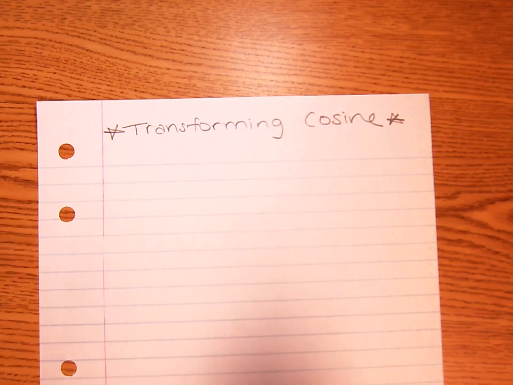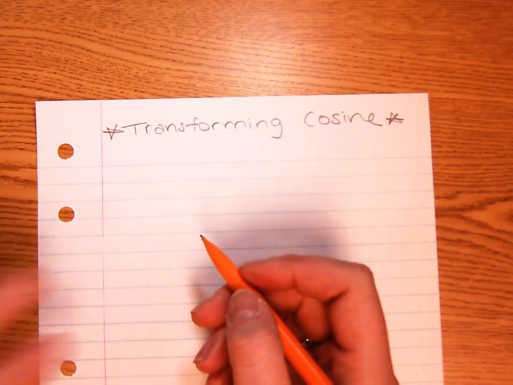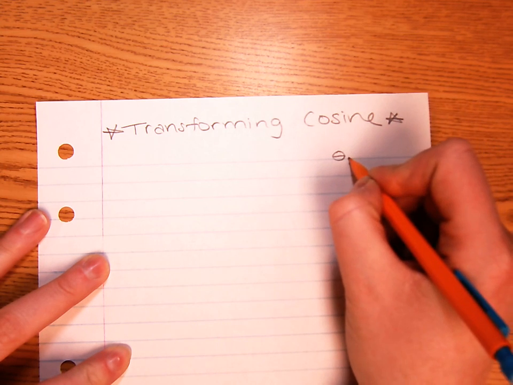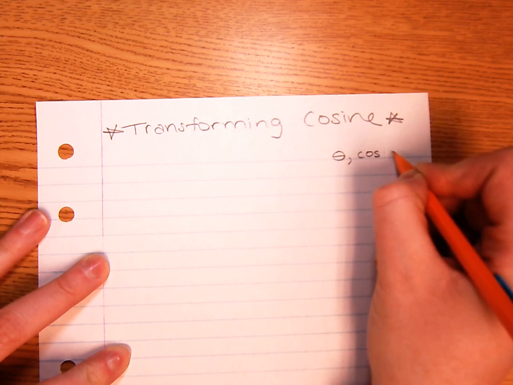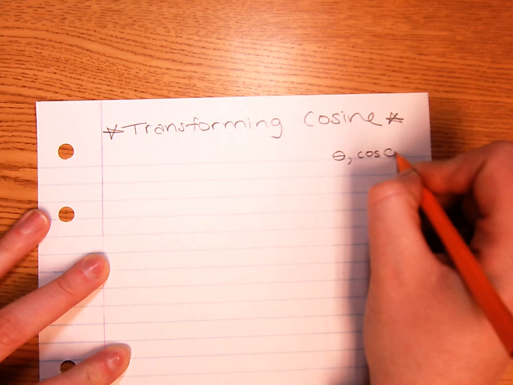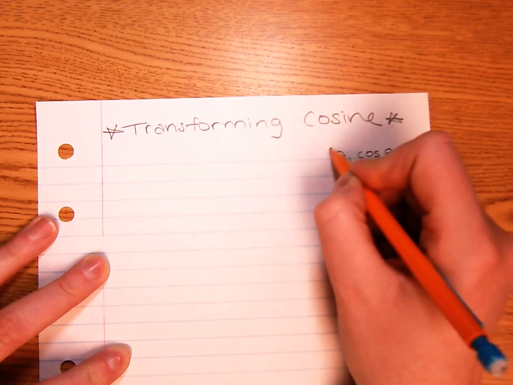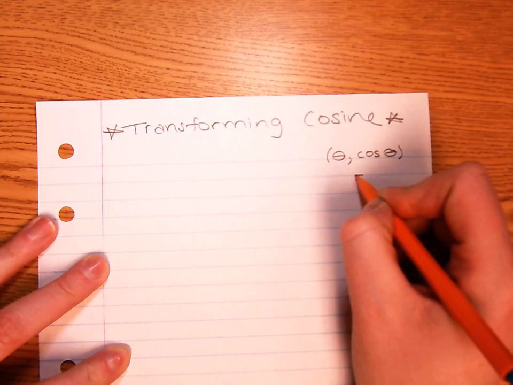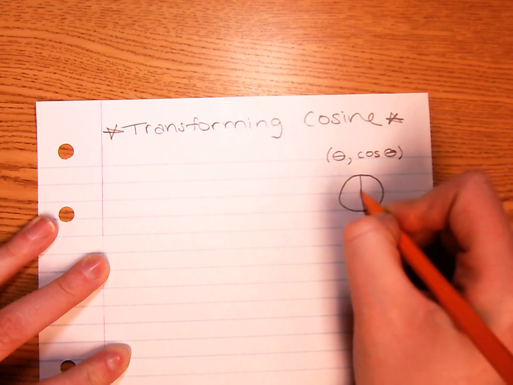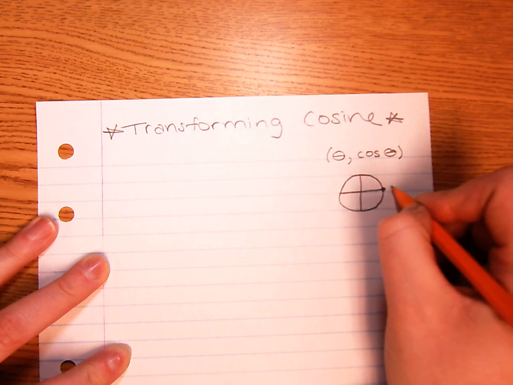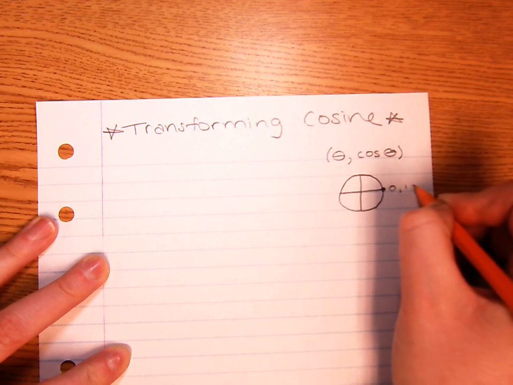So just recall from what we just talked about on the front of your worksheet, for cosine, our independent variable is our angle measure in degrees, that's theta, and then our dependent variable, y value, is just the evaluation of cosine of theta. So if we think about this on a circle graph, really at 0 degrees, we're at our maximum point of 1.